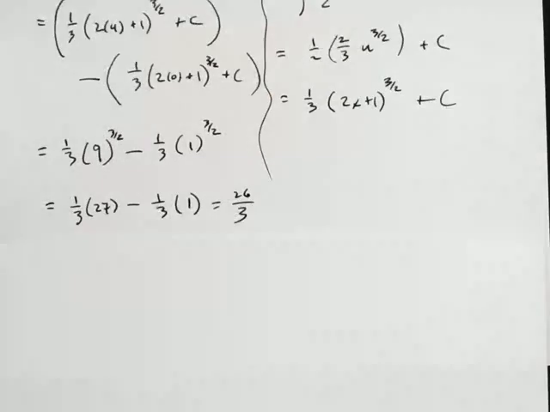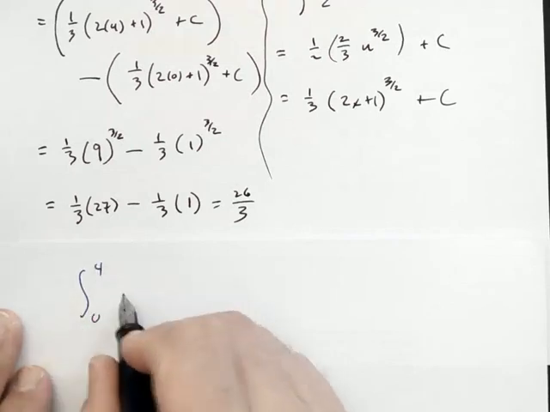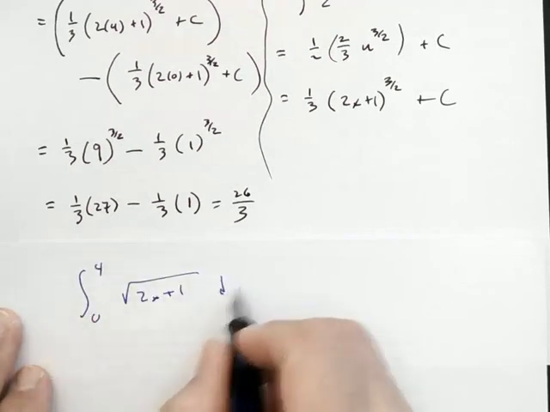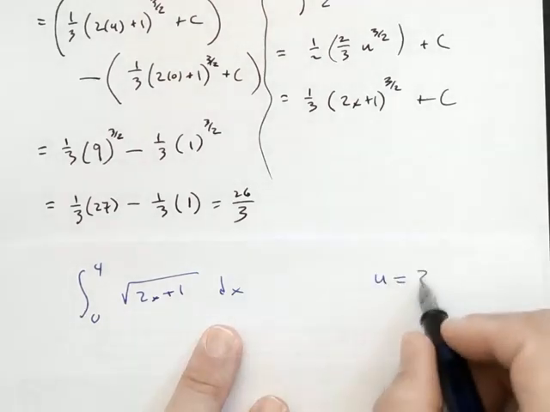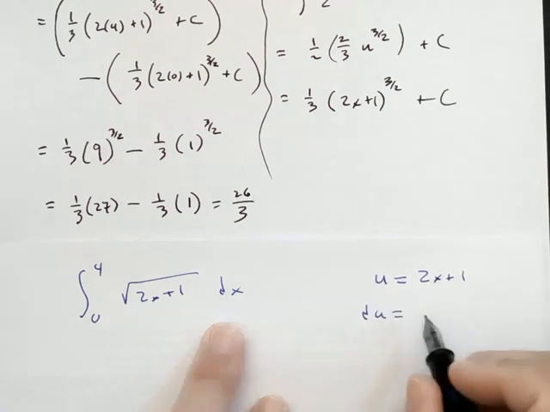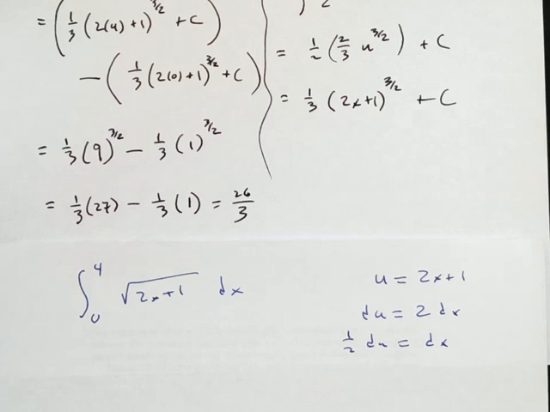So the integral from 0 to 4, square root 2x plus 1 dx, same notation over there, becomes the integral 1/2 out front, square root of u du.